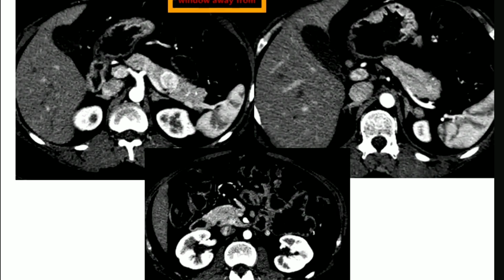Based on the intensely, arterially enhancing lesion of the pancreas, this is most likely a neuroendocrine tumor of the pancreas.